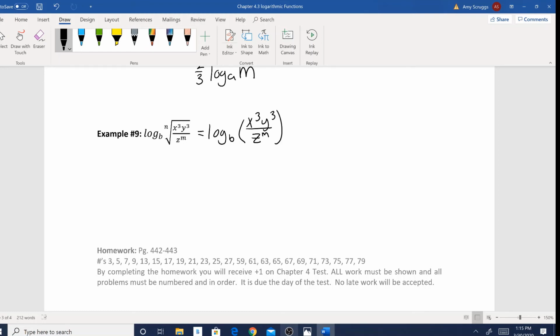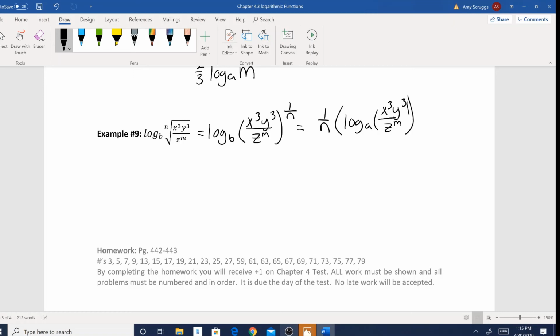So it's going to be 1 over n, because it was to the nth root. Okay. And then, to make all of this so much fun, we're going to do the power property first. So I'm just going to write this over here. It's going to be 1 over n and log a of all of this stuff. So x to the 3rd, y to the 3rd, over z to the m.